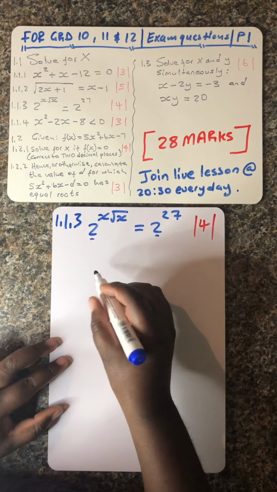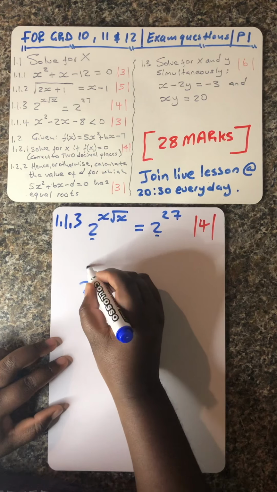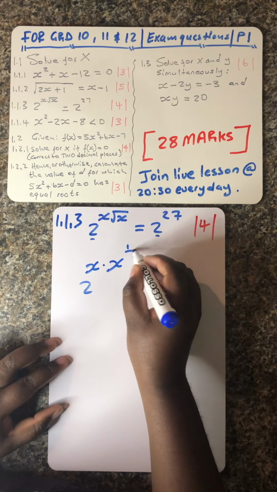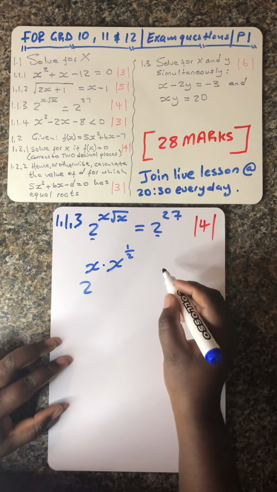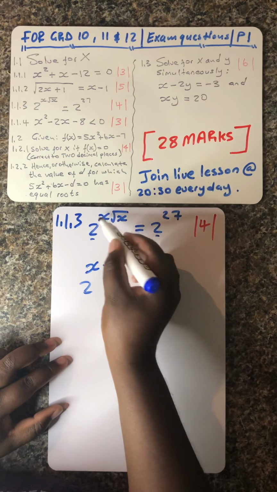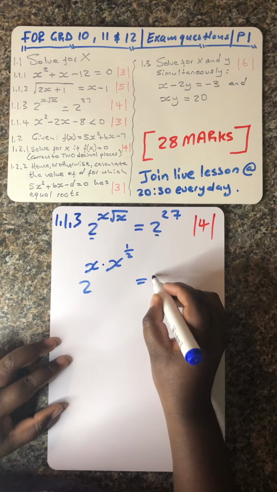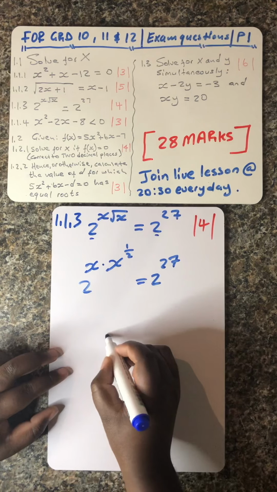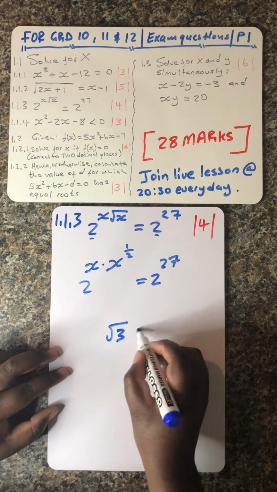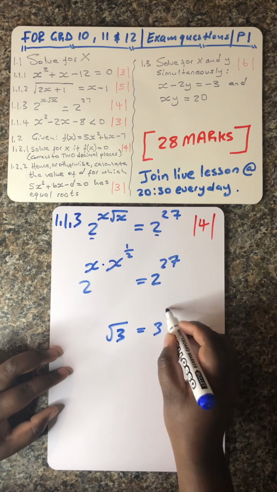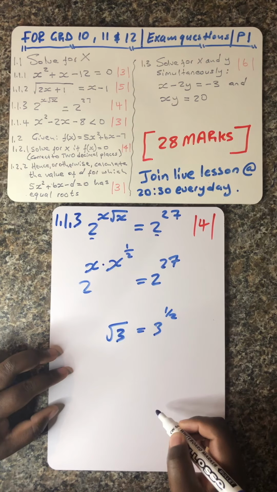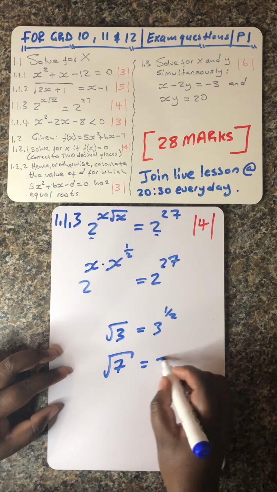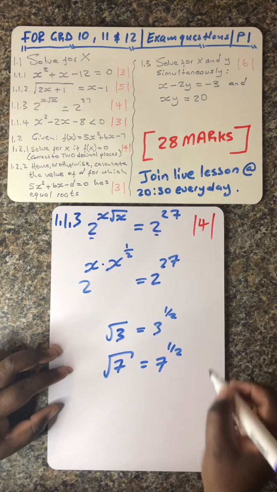So guys, remember 2 to the exponent x times x to the exponent 1 over 2 is the same as the whole of this, which equals 2 to the exponent 27. If you have square root of 3, this is the same as 3 to the exponent half. If you've got square root of 7, it is the same as 7 to the exponent half.